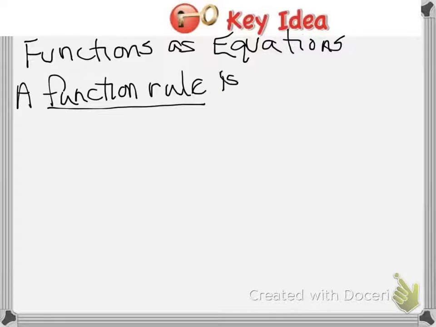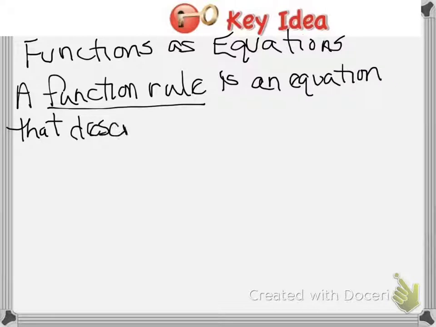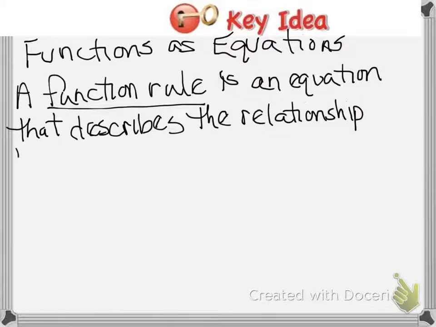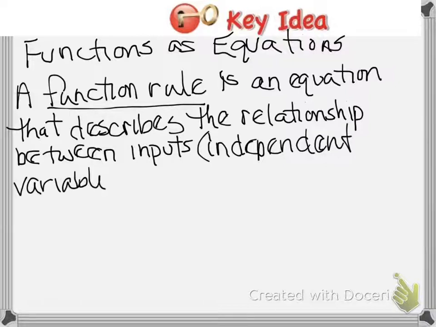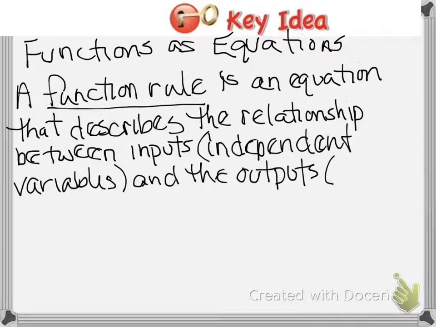A function rule is an equation that describes the relationship between inputs, which are the independent variables, and the outputs, which are the dependent variable.